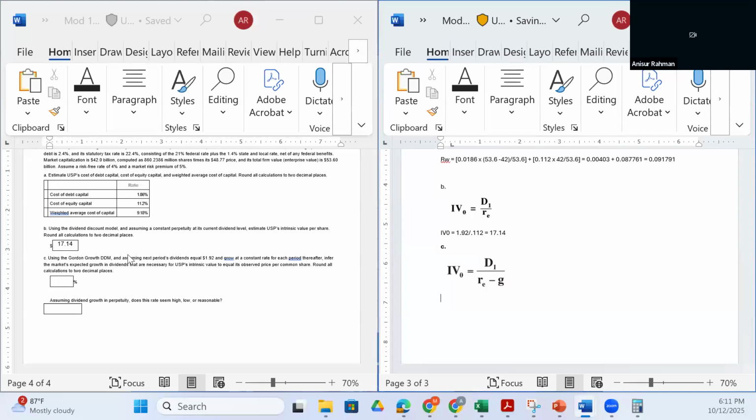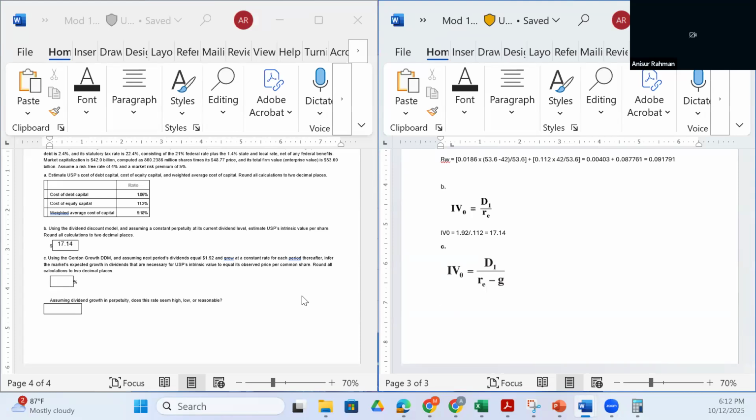So, and assuming next period's dividends equal 192. So current dividend is 192 and next period's dividends are also 192 and grow at a constant rate for each period thereafter.